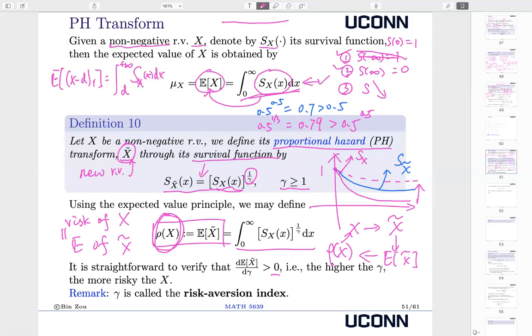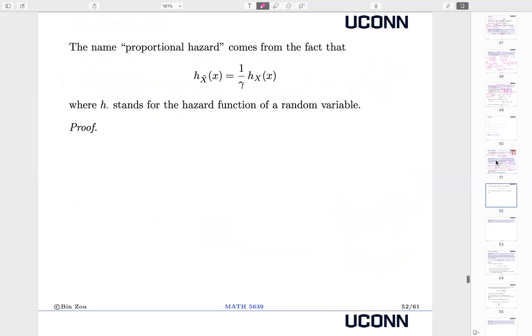The tail is the dangerous zone for the insurance company. So when I push up this survival function, I actually make the expectation bigger. Each time I'm going to increase the expectation. So actually here, we already know this is bigger than, or you can put equal, because our gamma can be 1. If gamma is 1, you don't do anything, right? So that's the essential idea behind the pH transform.